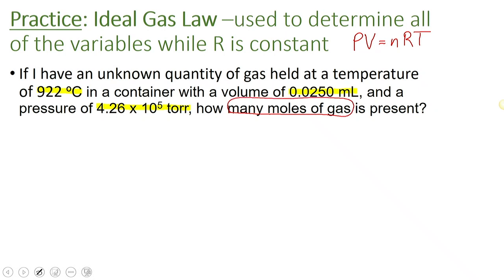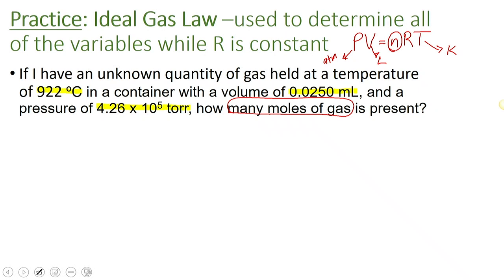Well, if we remember from a few slides ago, our temperature has to be in kelvins, our pressure should be in atmospheres, our volume should be in liters, and we're looking for the number of moles. We can also use different values.